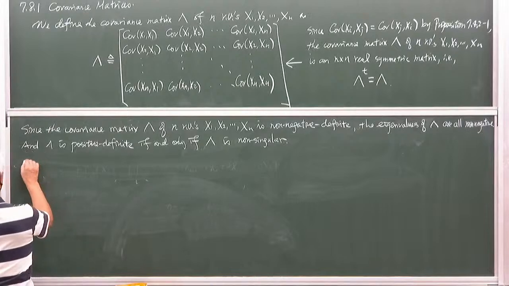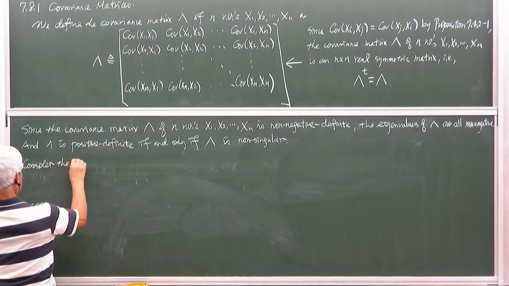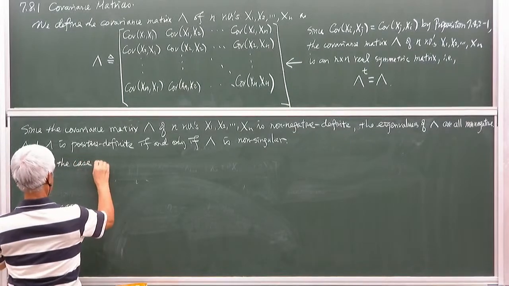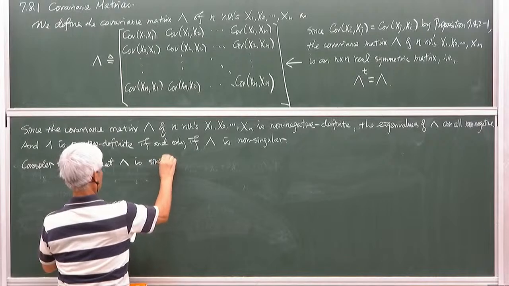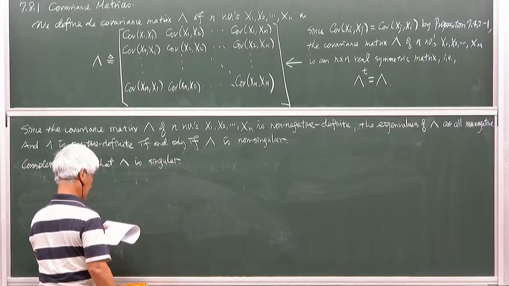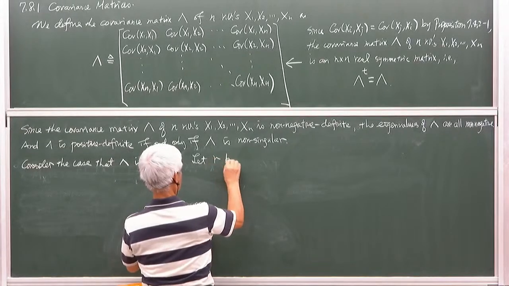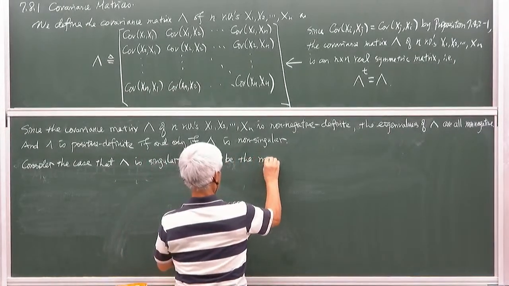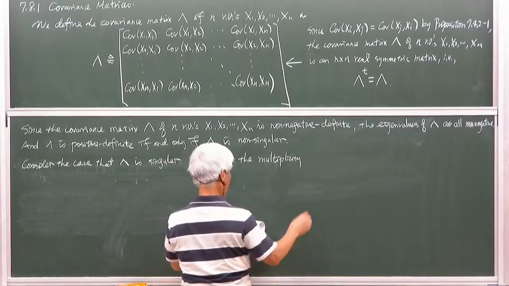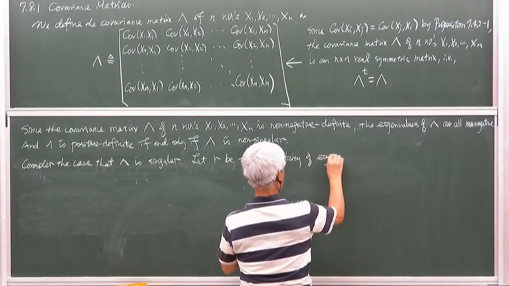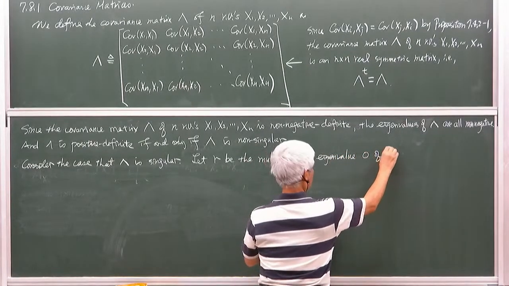Now we consider the case that lambda is singular. All right, and so let r be the multiplicity of eigenvalue 0 of lambda.